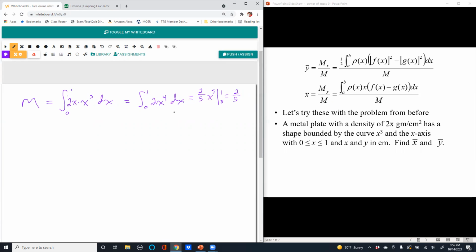We know that this is a total mass. What we did is we multiplied something in centimeters squared, the area, times the density, which is in grams per centimeter squared. So 2/5 grams. Like I said, guys, feel free to ask questions about this.